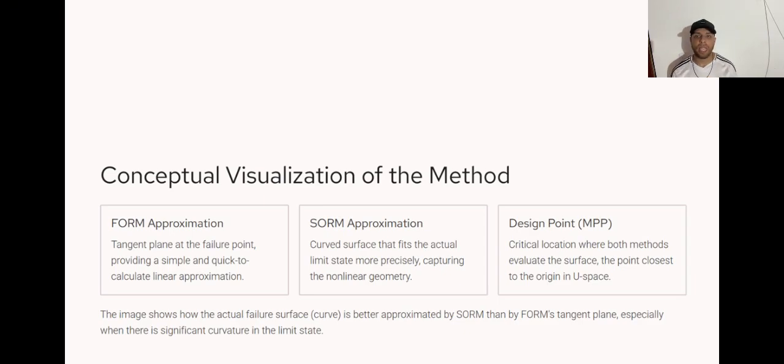The design point, the MPP, is the critical location where both methods evaluate the surface, the point closest to the origin in U space. The image shows how the actual failure surface is better approximated by SORM than by FORM's tangent plane, especially when there is significant curvature in the limit state.